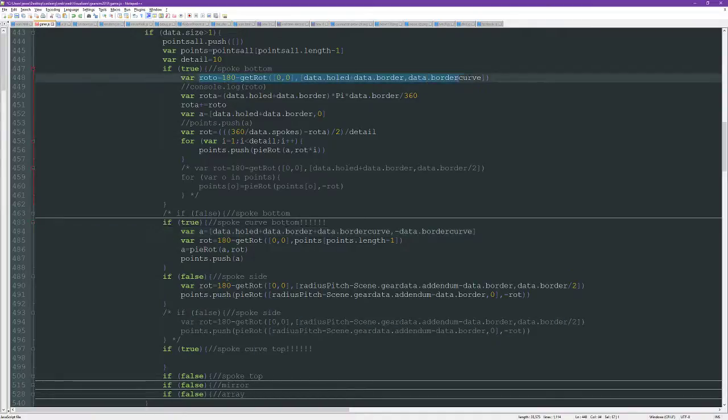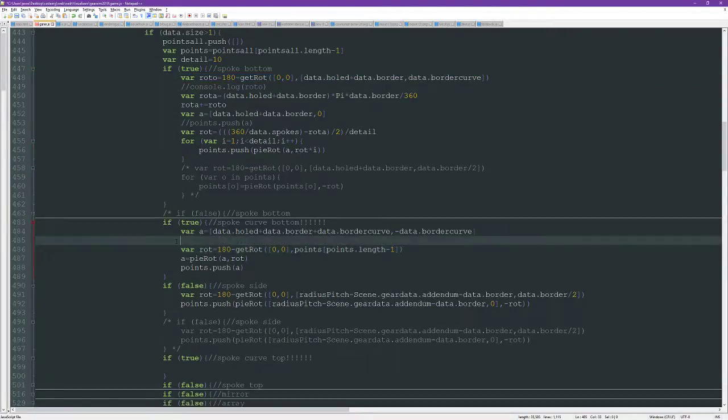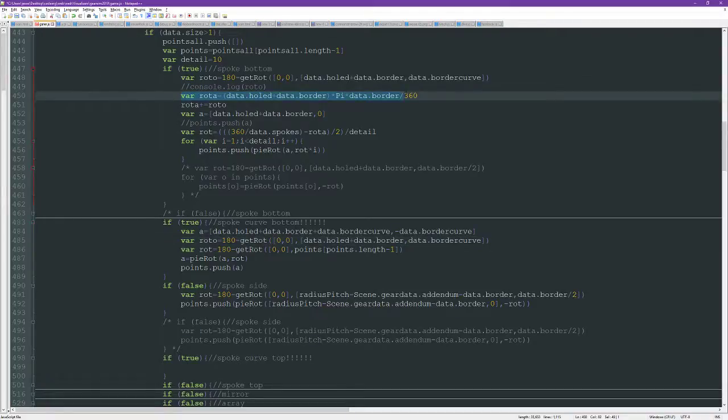Now let's just this thing up here. So that would be how far down it is. And then I would want to do this the same way I'm doing here.